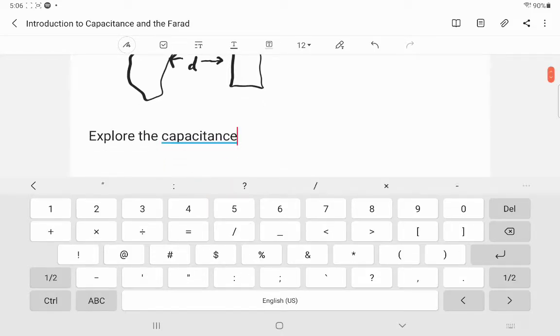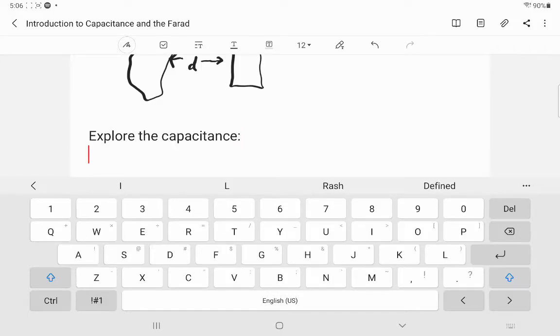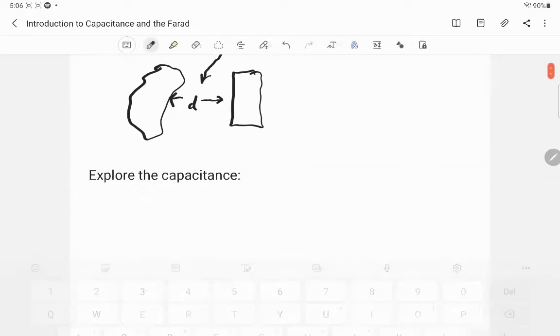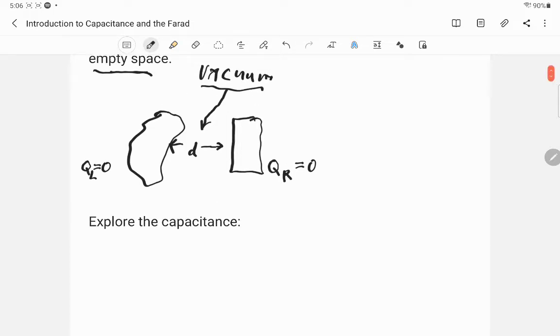So exploring the capacitance, the way you do this is you think of these two pieces of metal as being electrically neutral. So I say that, for example, the conductor on the right-hand side doesn't have any charge, and the conductor on the left-hand side also doesn't have any charge yet.